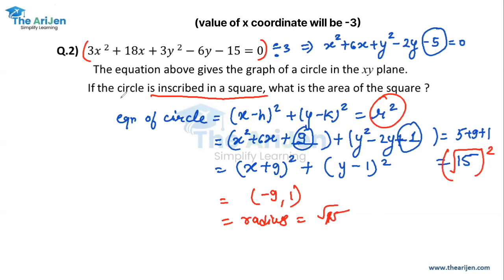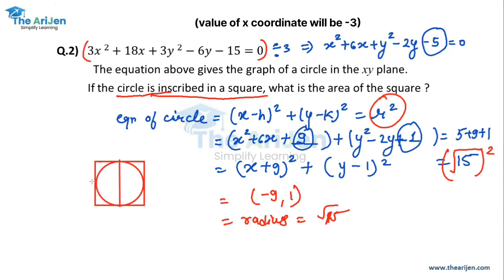Now the circle is inscribed in a square. Okay, so if I draw a square here, or if I take help from the diagram, if this one is a square, and that circle we are making in this, you are inscribing the circle in this, and you are taking a line here, and suppose I am making this the diameter.